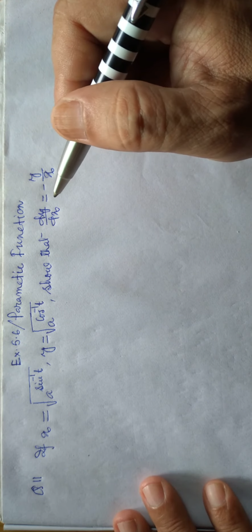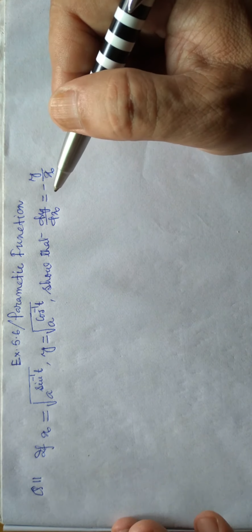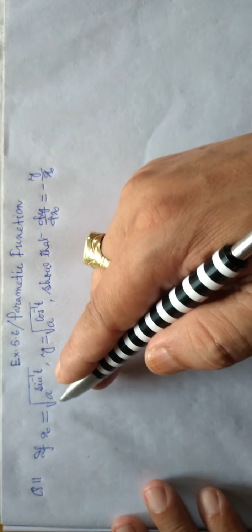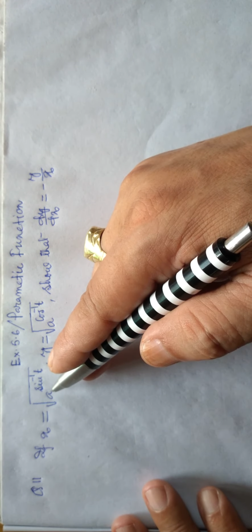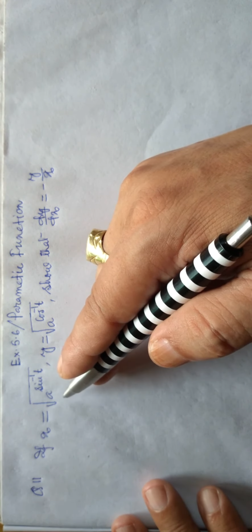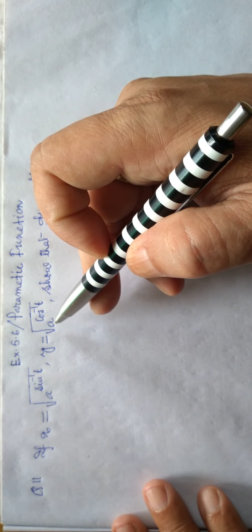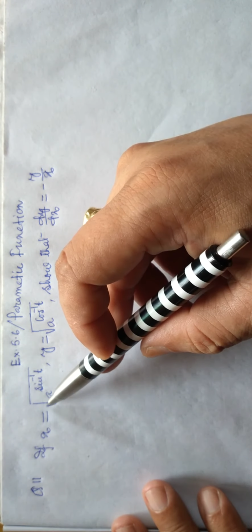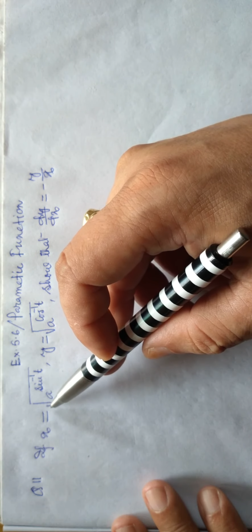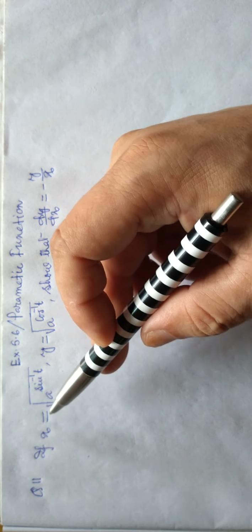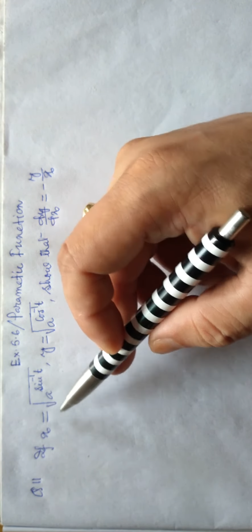Okay, so what I want to say is this one. This is a little bit based on exponent power. Here is the power, here is the exponent. So this root is also an exponent, in converting this one, the power is equal to half, isn't it?